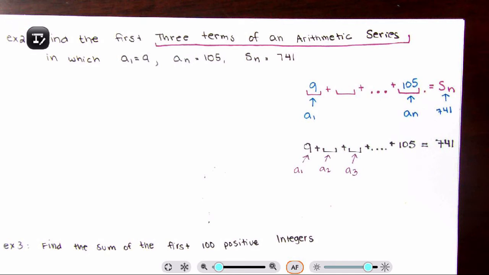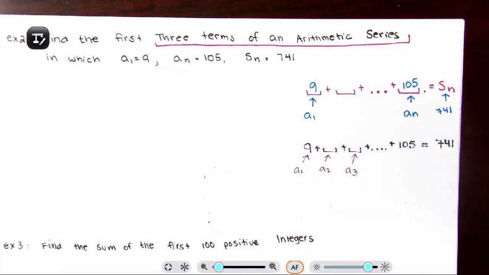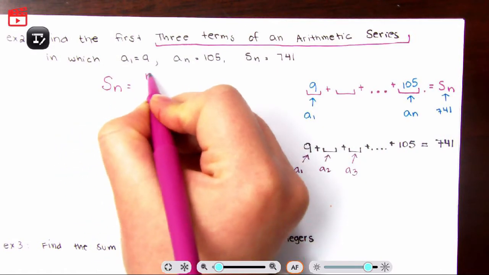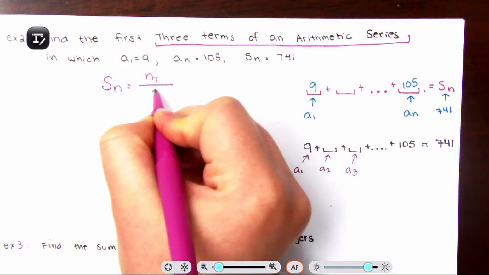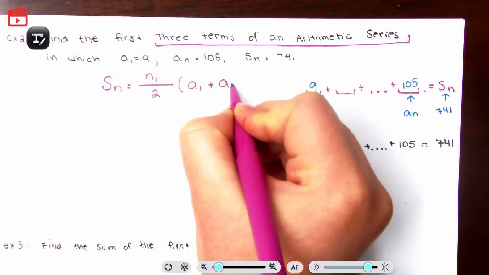All right. First thing I'm going to do is go back to my cheat sheet and look at my formulas. They're going to be important. I'm going to write out the formula, and the one in green is going to be the one that the majority of the time you're going to use. I have s sub n is equal to n divided by 2 times a sub 1 plus a sub n.